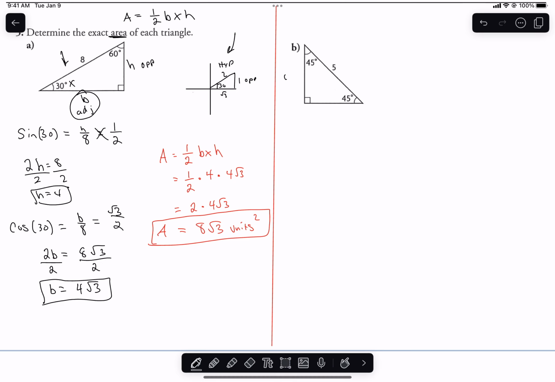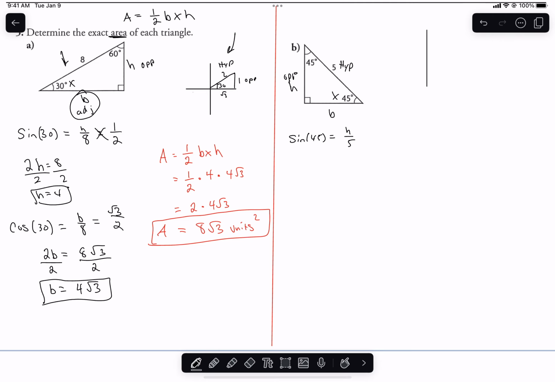I'm still going to call this opposite. If this is my angle of reference, that's going to be opposite, hypotenuse. And so I'm going to need to find the height, h, and b for base, just like the last question. So we'll start with h. Okay, so we're going to go the sine of 45 has to be equal to h over 5 with respect to the triangle.